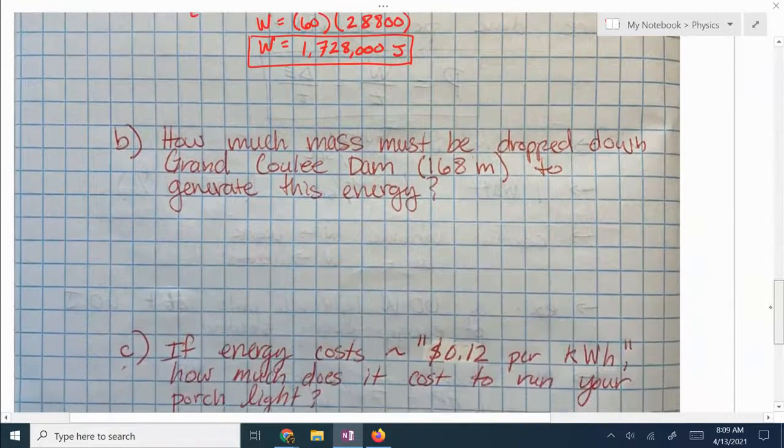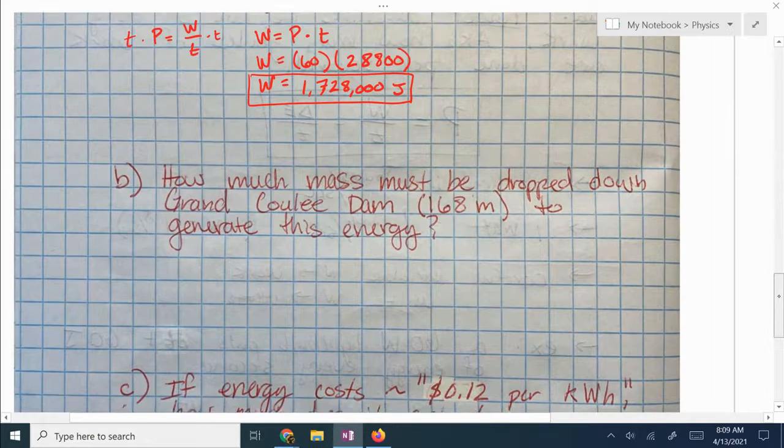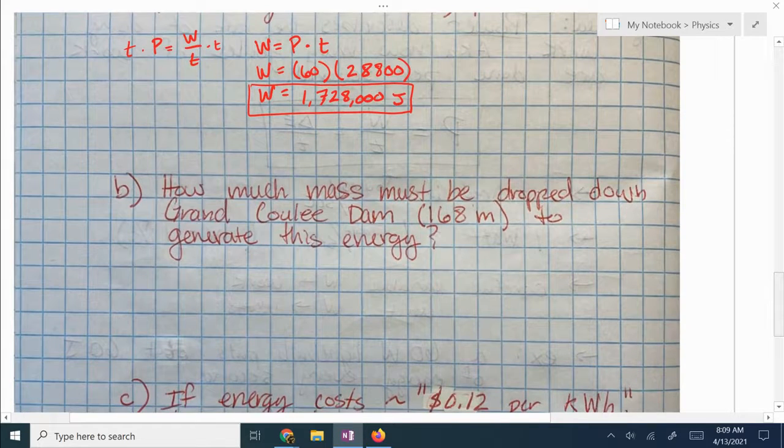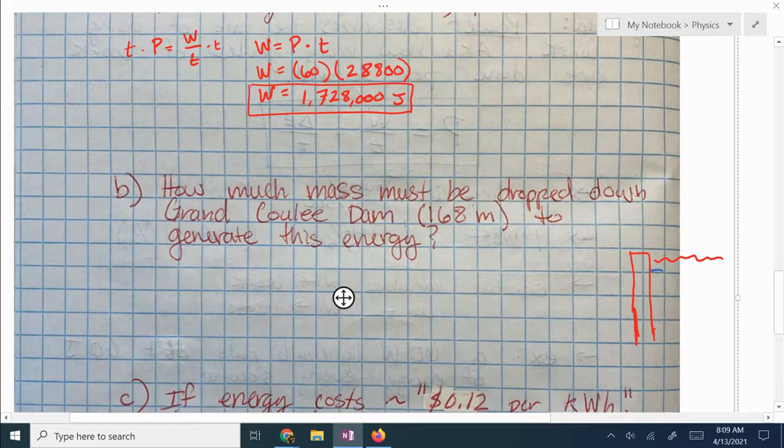Now, here in the Pacific Northwest, most of our electricity comes from a dam, and basically a dam works by holding water back here, and then allowing that water to flow through the dam, and thus you're releasing the gravitational energy.